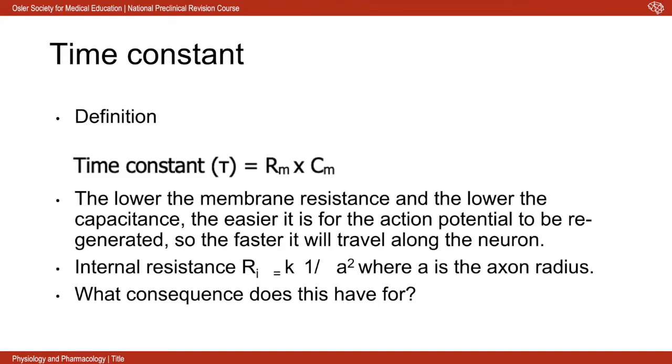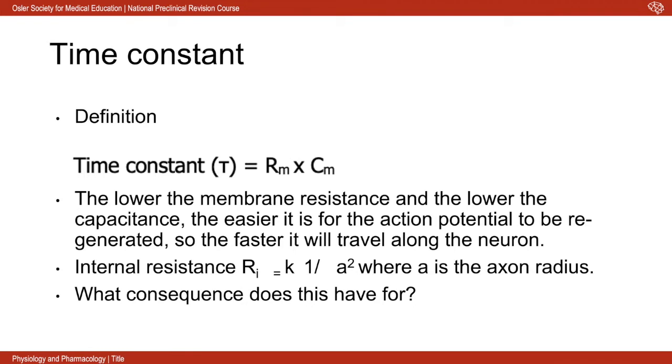Now, onto the time constant. The time constant is the time taken for the same voltage decrement to occur. It indicates how long it would take for sufficient charge to build up on the membrane, which is ultimately acting as a capacitor. So it's a measure of capacitance over time for the threshold value to be reached and the action potential to be triggered.